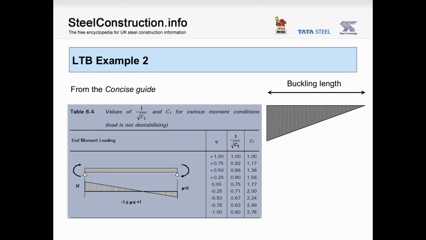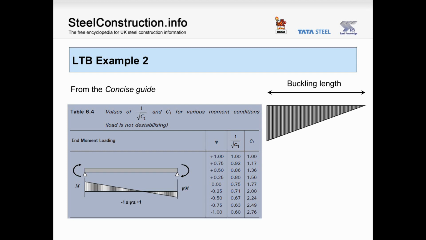We need to establish the C1 factor. So from the concise guide, we have a range of C1 factors. In this case, these are for a linear bending moment diagram, which is the case that we've got. The C1 factor depends on the value of psi, and psi is the ratio of the smaller bending moment divided by the larger bending moment.